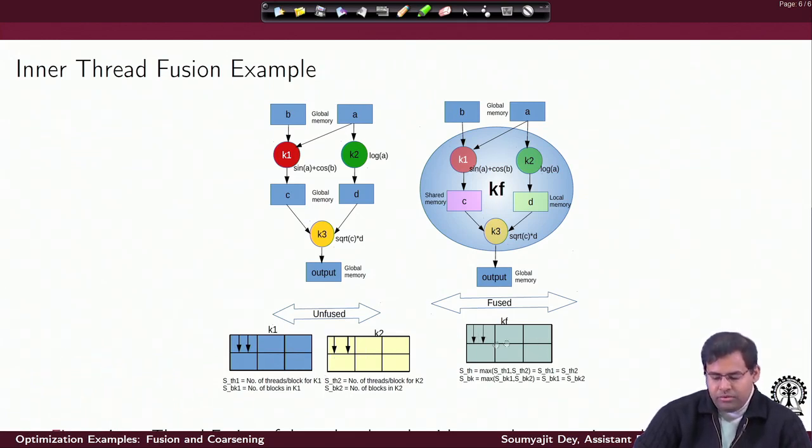I am just fusing them to create the fused kernel KF with STH and SBK as the number of threads per block and the number of blocks, right. So, it is just a max of STH1, STH2 and a max of SBK1, SBK2. Since they are all the same, I get the same values here.